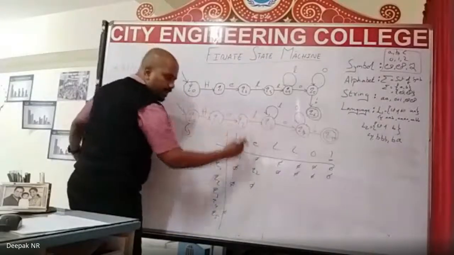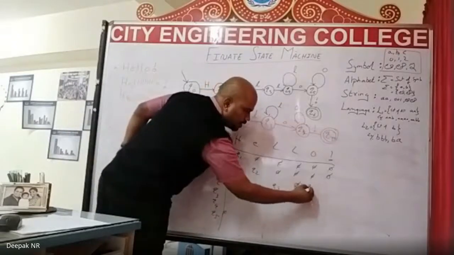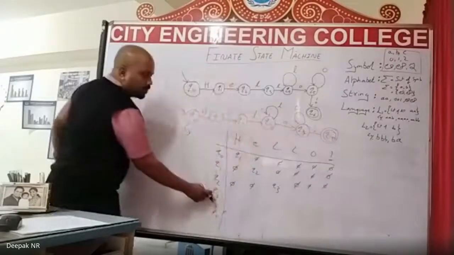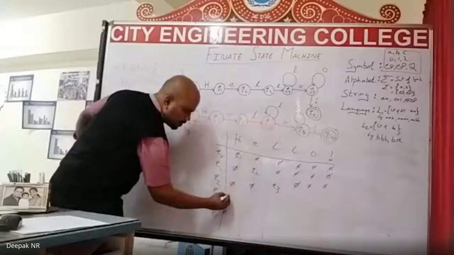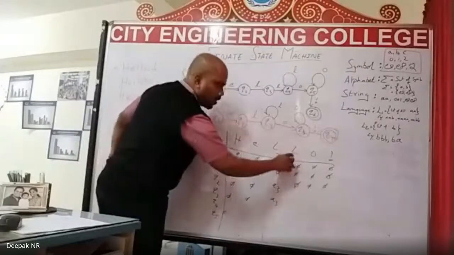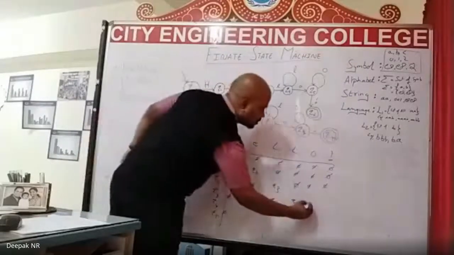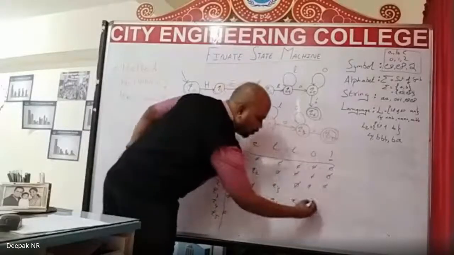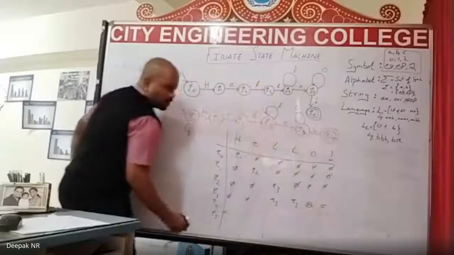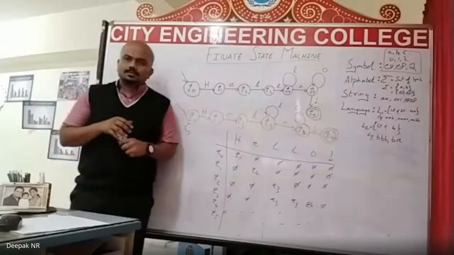Q2 on L is Q3, null, null, and null. Q3 on L is, sorry, null, null, L is Q3. One more L comes, Q3. O comes, Q4, and null. Is that clear, guys? Is that clear?